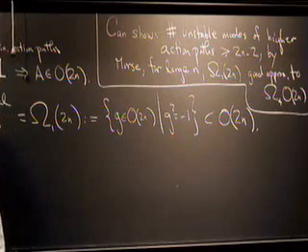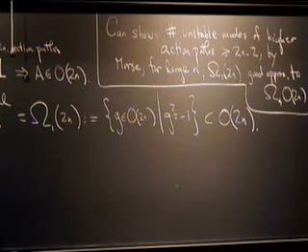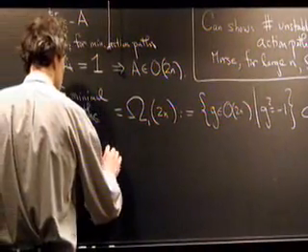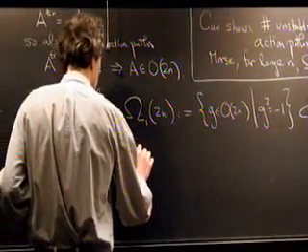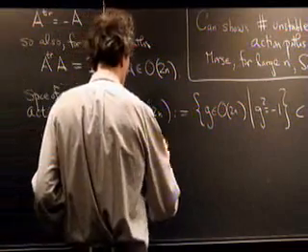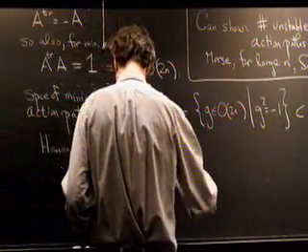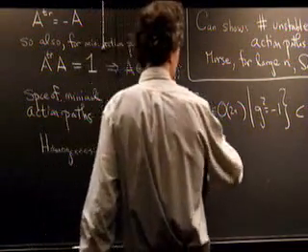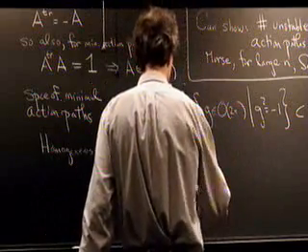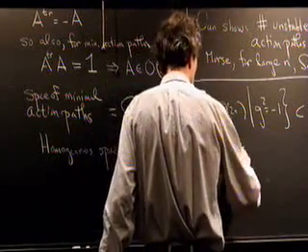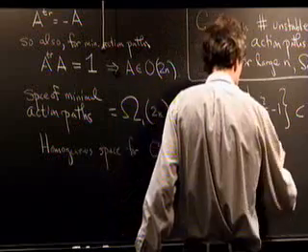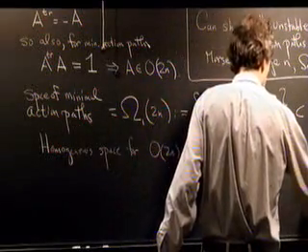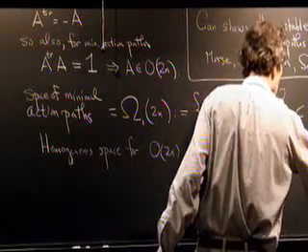Well, it's a homogeneous space for O2n. Because you see, if G satisfies this condition, then so does H inverse GH for any H in O2n.